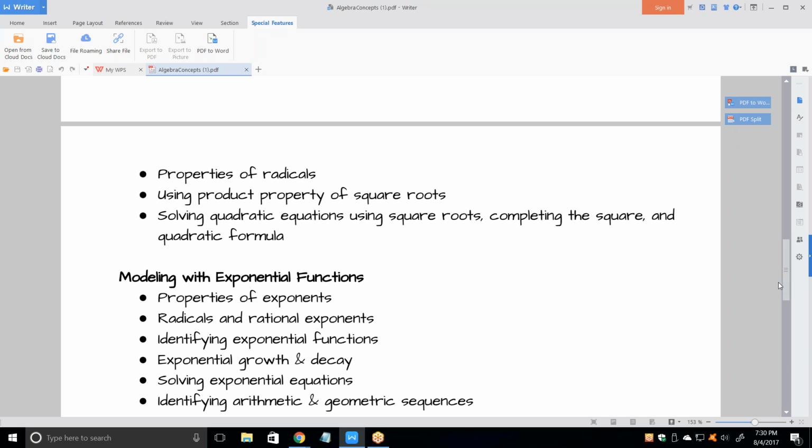But I still maintain my position that you're so much better off taking geometry this year than going back and taking Algebra 1. I'm pretty sure that by August 16th, when you go back to school, that you're going to be able to pass a basic algebra test. Enough that they will say, yes, you can stay in geometry class.